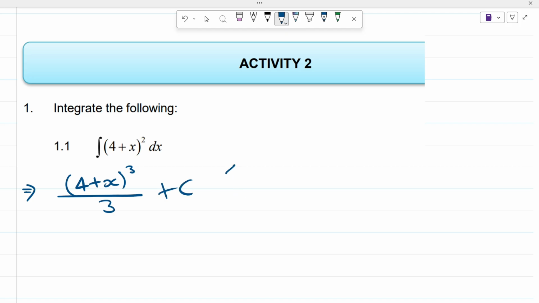Of course, if you didn't want to use the general power rule, then you would have to rewrite your integral in this format: (4 plus x)(4 plus x) dx.